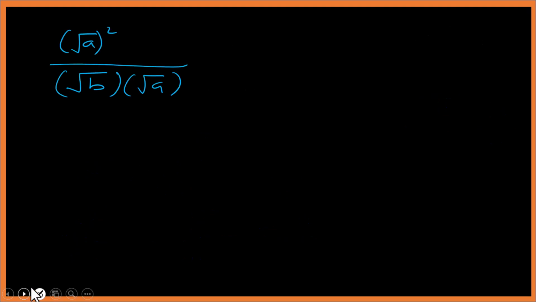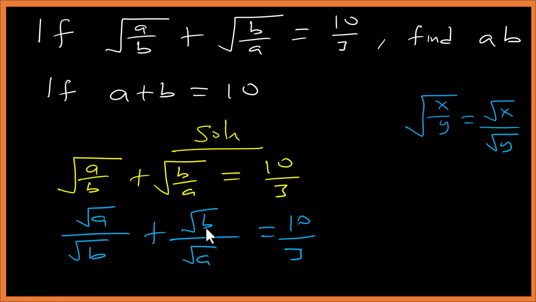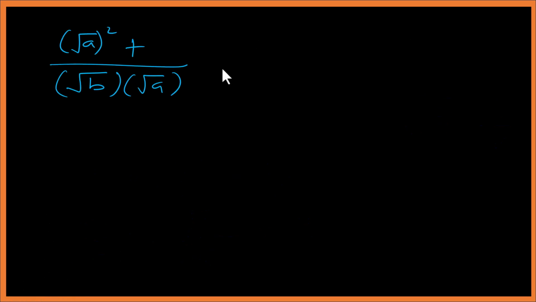Plus, so square root of a in the LCM, the a will cancel with a. We have this one times itself, which will be square root of b squared, equals 10 on 3.